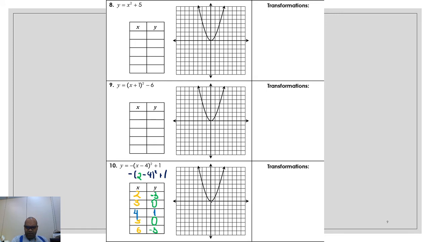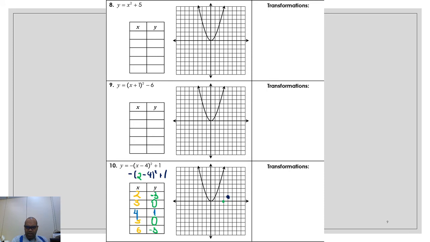Let's plot 4, 1, our turning point, or vertex. Great, 4 for x, 1, 2, 3, 4, and 1 up. Here is my turning point, my vertex. And the other ones, mister? Oh, the other ones are so easy, guys. It's 3, 0 here.